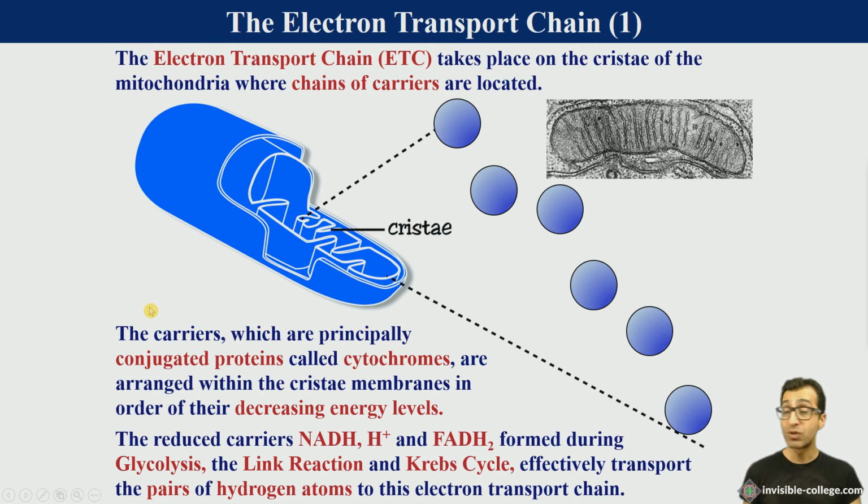Ultimately it's the reduced carriers NADH and FADH2 together with protons, which are formed during glycolysis, the link reaction and Krebs cycle, that effectively transport pairs of hydrogen atoms to this electron transport chain. It's the electrons carried by those hydrogen atoms which then pass down this chain, and the energy differences between each of those successive oxidations and reductions are then used to drive the production of ATP by oxidative phosphorylation.